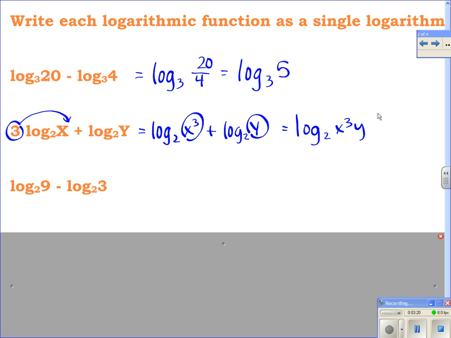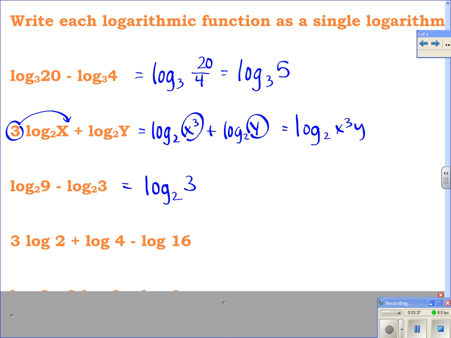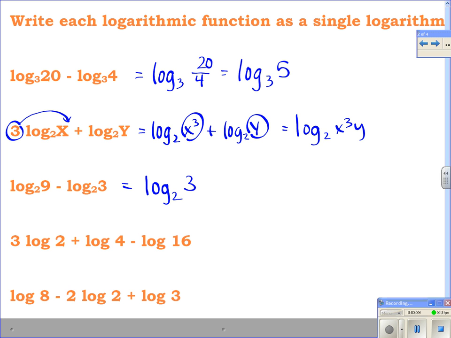The next one, we have a subtraction, so again we're dividing the 2 things. So I'm going to skip to the very end step. Okay, 9 over 3 would be log base 2, 3. And then we've got a couple multiple step ones.